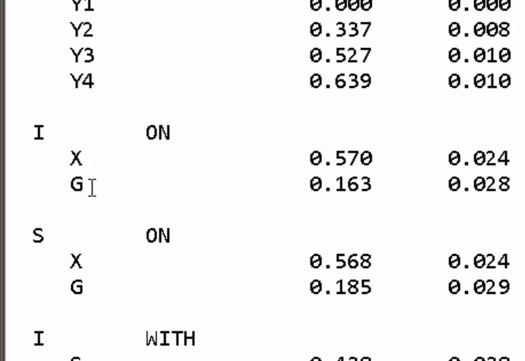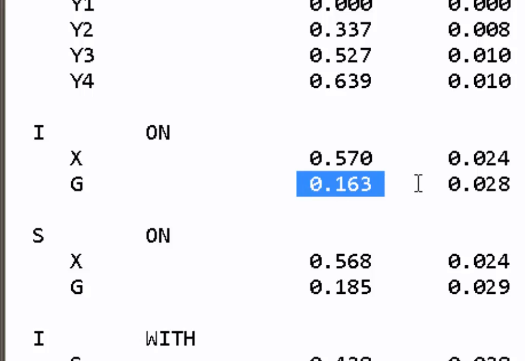And so this parameter here, this 0.163, tells us the standard deviation difference in I per standard deviation difference in G, excuse me.